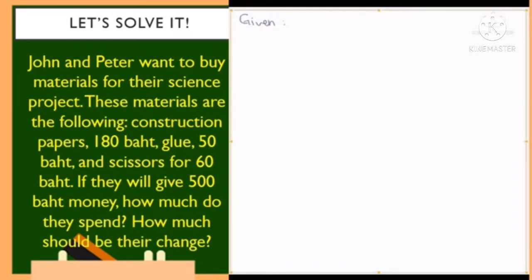The first one is the construction paper, worth how much? 180 baht, correct? So we put 180 baht.